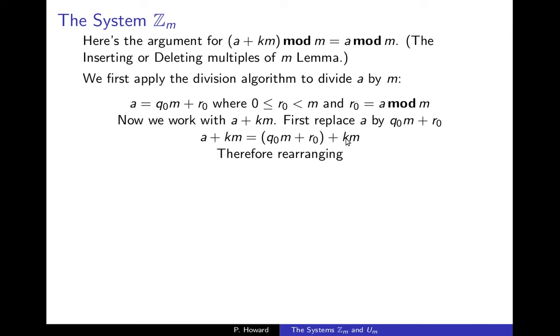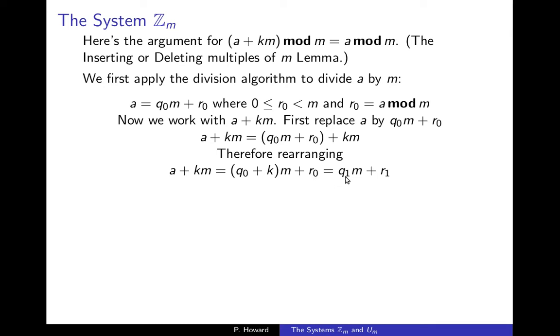We're going to put the two M terms on the right-hand side together. So on the right-hand side, combining the Q0 times M and the K times M and factoring out an M, we will have the quantity Q0 plus K times M plus R0.